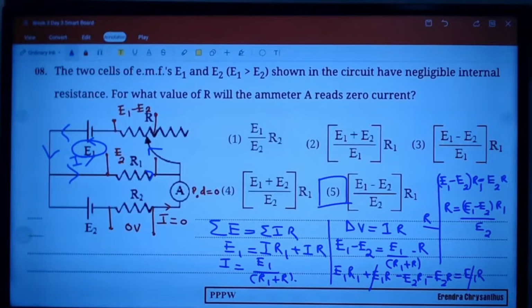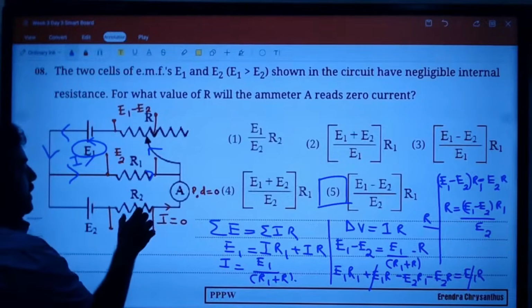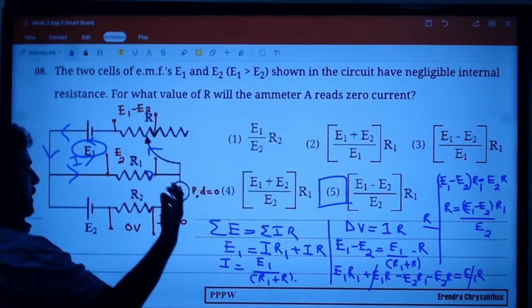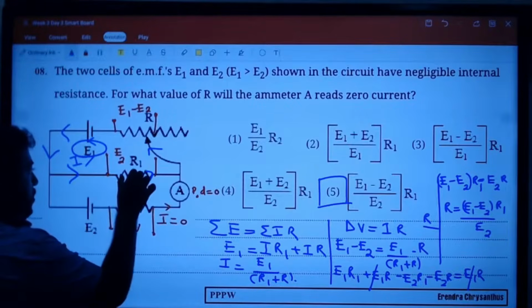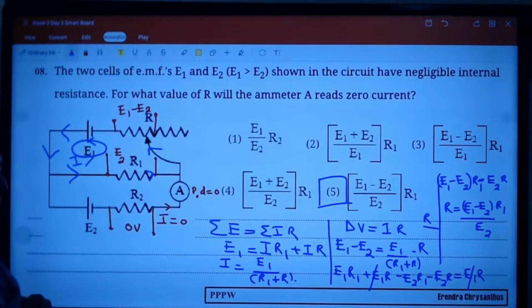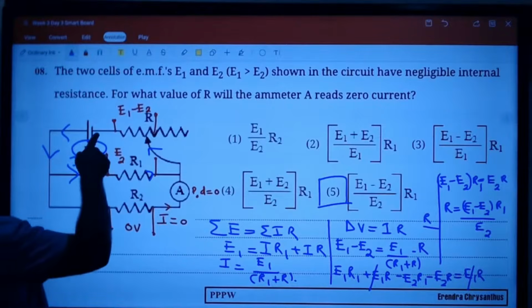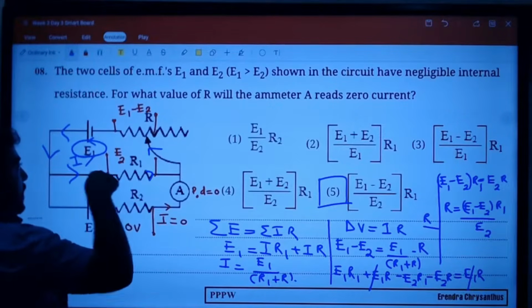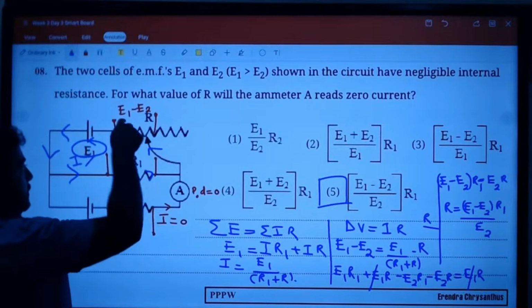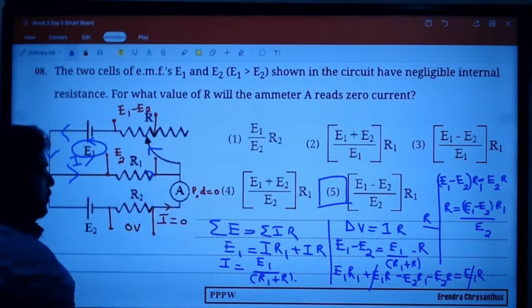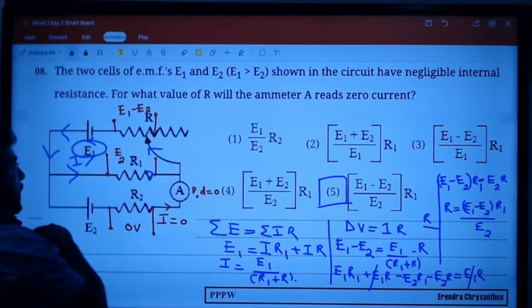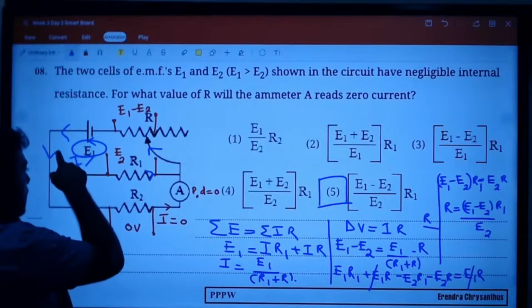Right. Again, look at this. No current here means here voltage 0, here voltage anyway 0. So this voltage will go across that. Then there is no current coming this way, all the current will go across this. Apply Kirchhoff. You all know Kirchhoff. Minus to plus, positive.